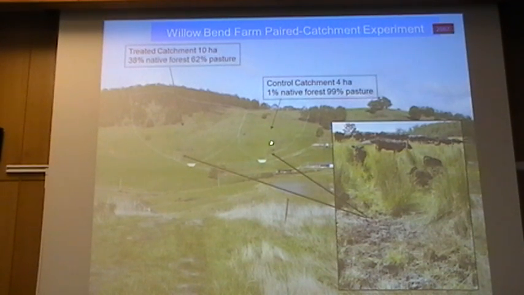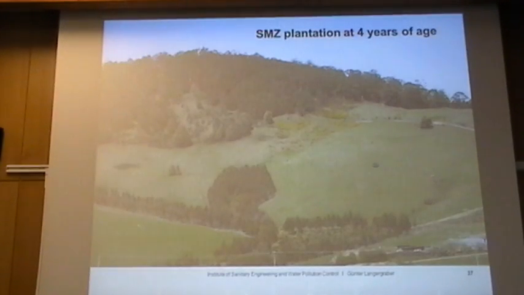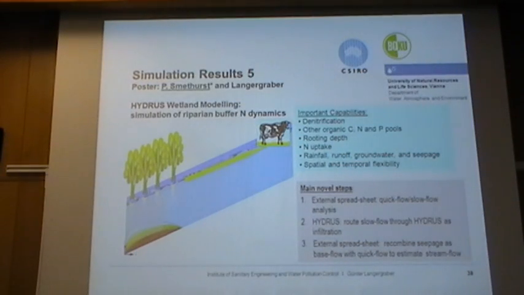You have these small creeks here, and they wanted to look at the effect of riparian zones on the runoff. This was when the project started, and 4 years later you see that they planted these riparian zones, and also introduced a lot of measurement devices all around in the hillside.